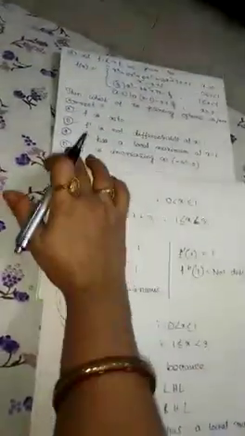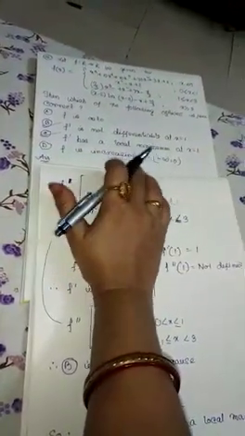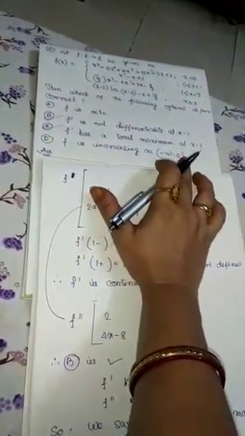Now option number D, f is increasing on minus infinity to 0.